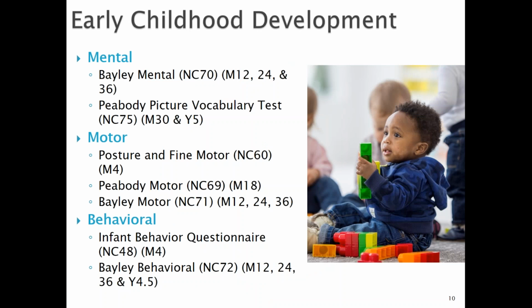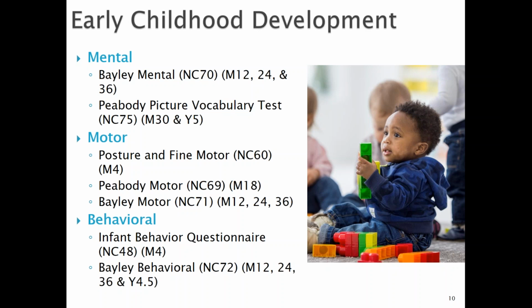First, as I mentioned earlier in that timeline slide, there are quite a few visits in that early childhood stage. Here are some of the measures that are available, specifically looking at early childhood development. For example, those of you familiar may know the Bayley measures.